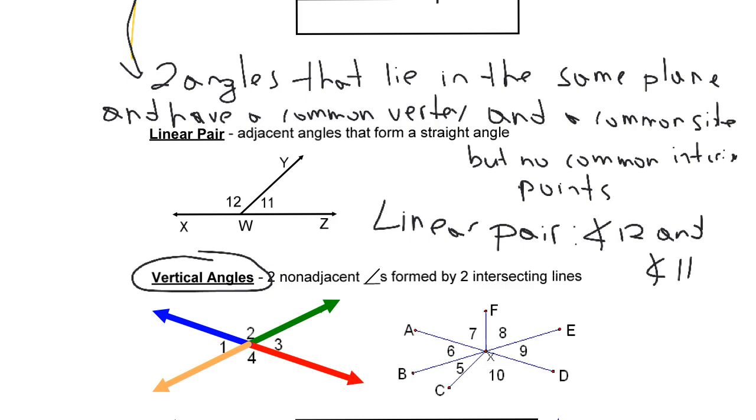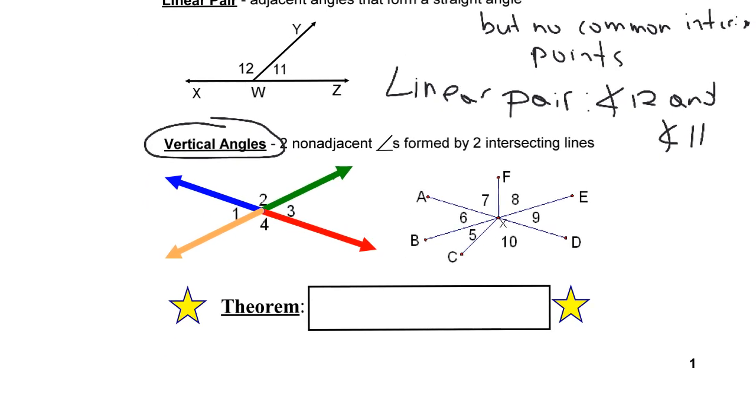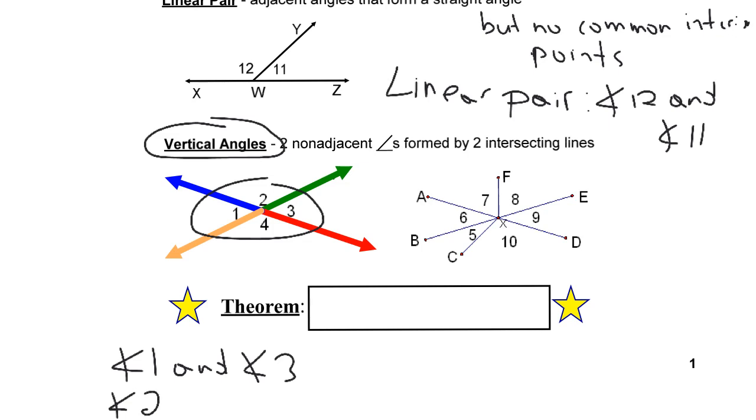If you look at this example, angle 1 and angle 3 are vertical angles, and another pair would be angle 2 and angle 4.